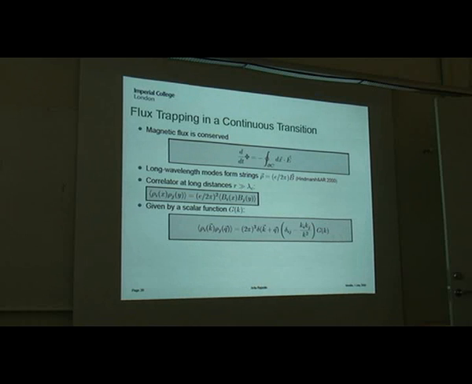So if you know the correlation function of the magnetic field before the transition, the prediction is that the correlation function of the winding number density, the string density after the transition, is equal to that at long distances, up to a constant.